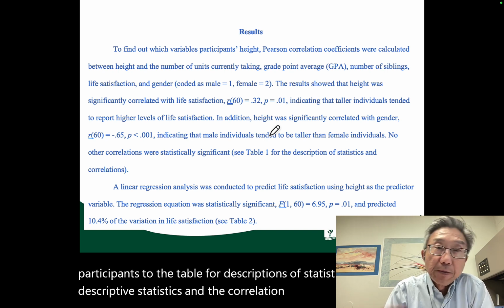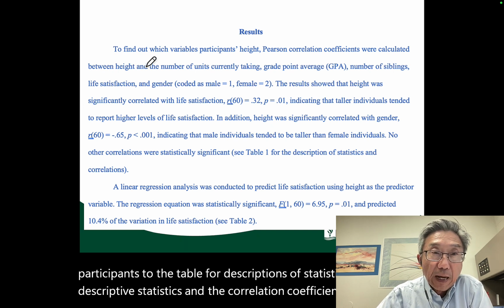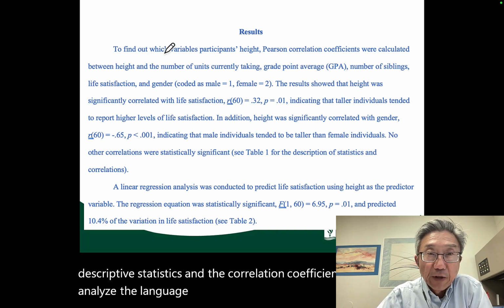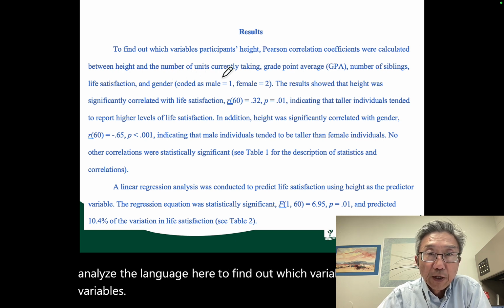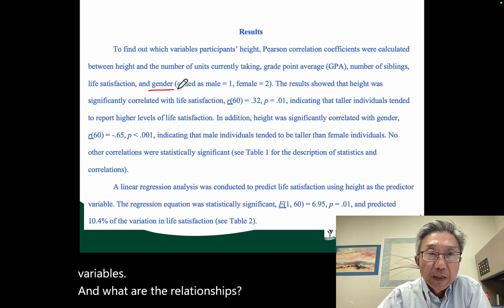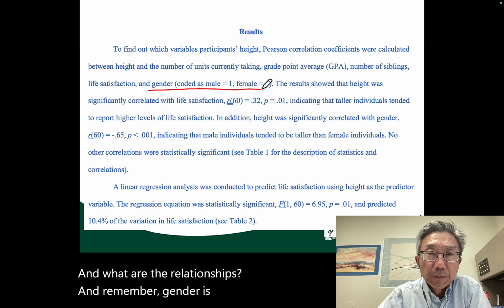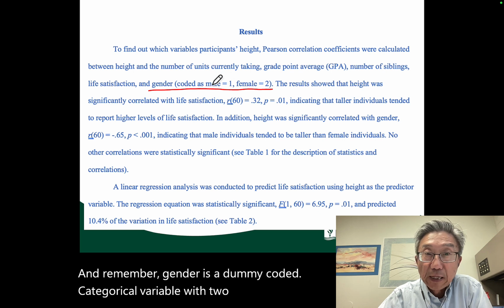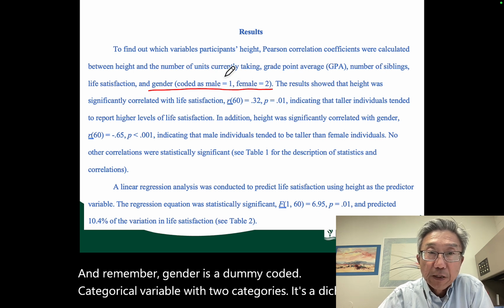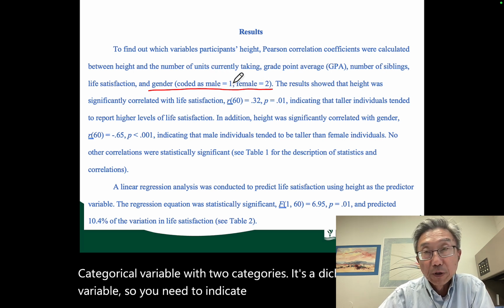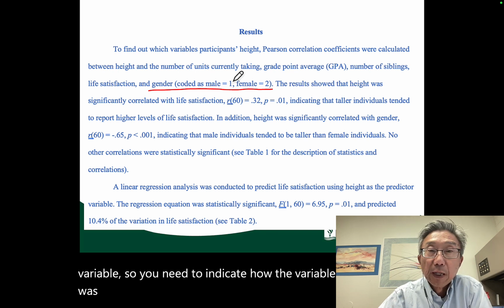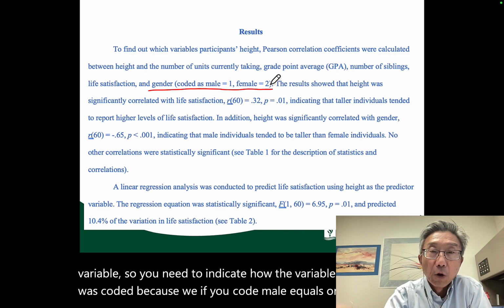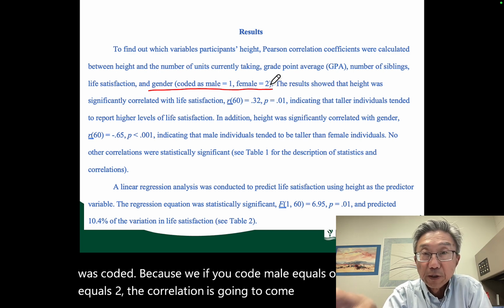coefficients. Okay, so if we analyze the language here to find out which variables are involved and what the relationships are, remember gender is a dummy-coded categorical variable with 2 categories. It's a dichotomous variable, so you need to indicate how the variable was coded, because if you code male equals 1, female equals 2, the correlation is going to come out in a certain direction.